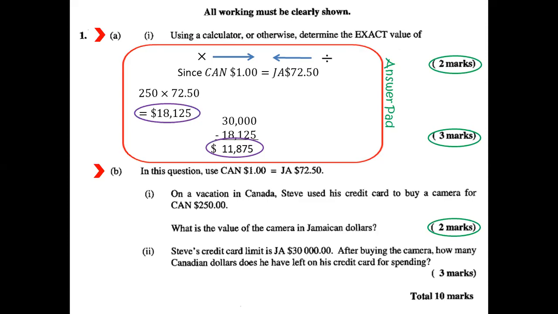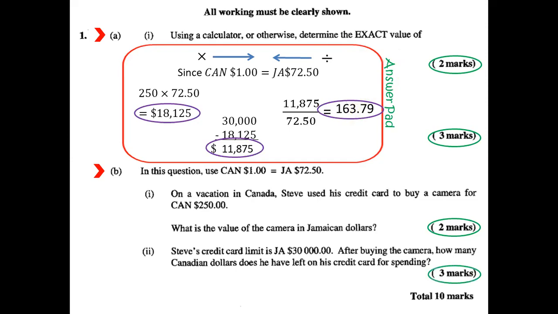On our exchange rate again, from Jamaican, 11,875, we're converting to Canadian. What are we doing this time? Not multiplying, we're dividing. By virtue of that, 11,875 divided by the exchange rate, and it's $163.79 for 3 marks. Not difficult at all.